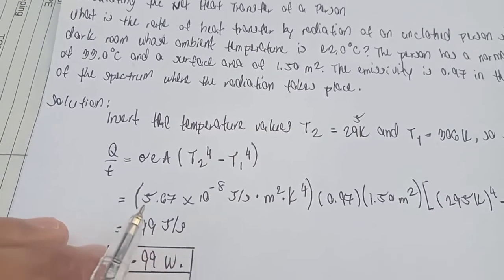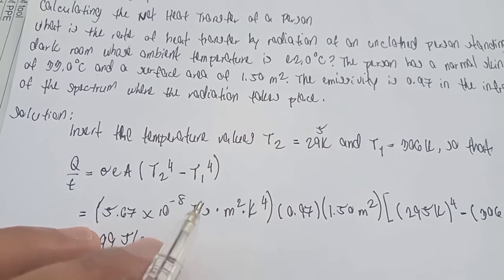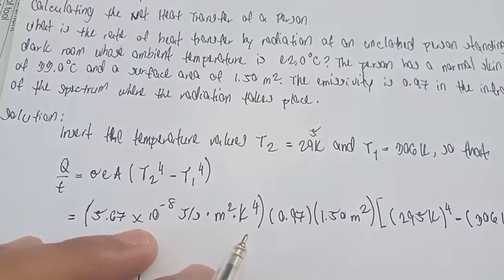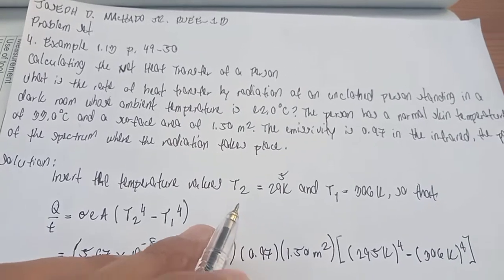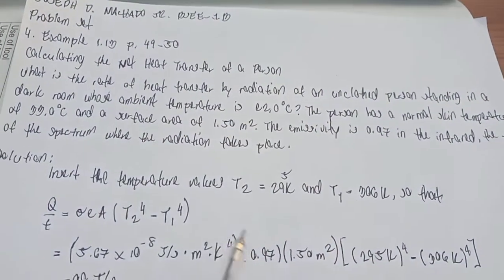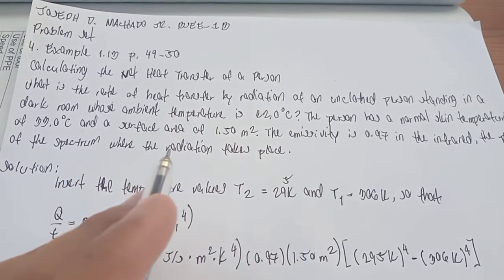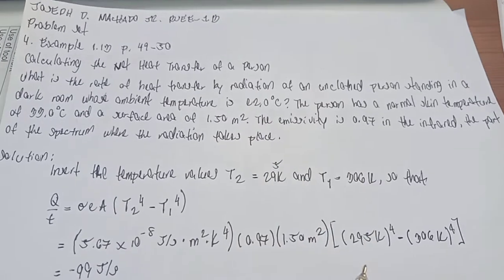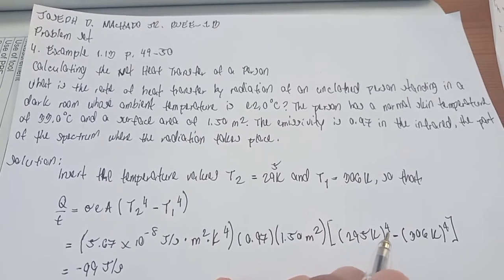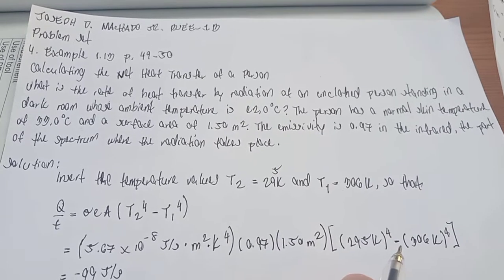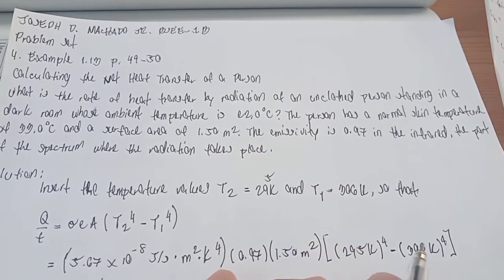Multiplied by, is equal to 5.67 times 10 raised to the power of negative 8 joules per second times m squared times Kelvin raised to the power of 4, multiplied by 0.97, which is the emissivity, multiplied by 1.53 meters squared, the surface area, times the bracket: 295 Kelvin raised to the power of 4 minus 306 Kelvin raised to the power of 4.